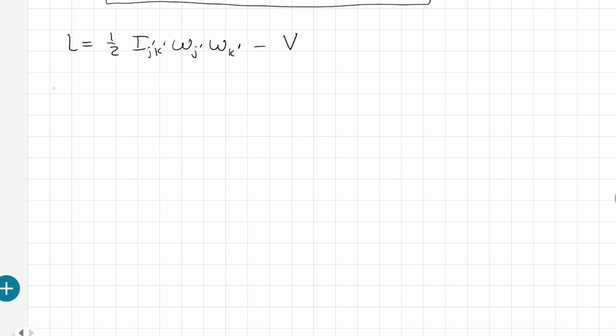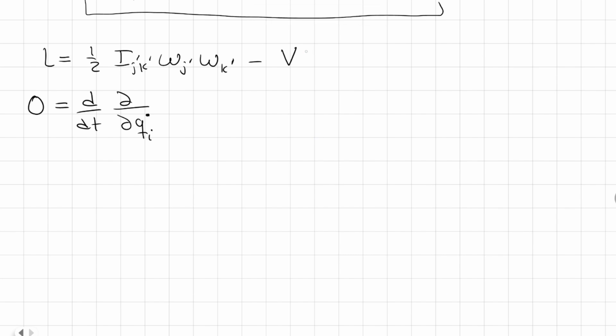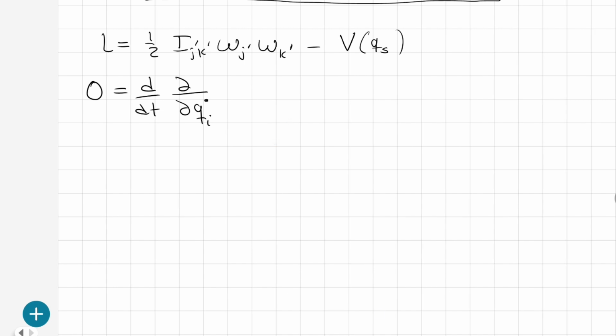We know that the Lagrange equations tell us that 0 is equal to the derivative with respect to time of the partial derivative with respect to q_i dot of the Lagrangian, which is this whole thing. Let me recall that this potential V depends on the generalized coordinates. So let me take this into the Euler-Lagrange equations.